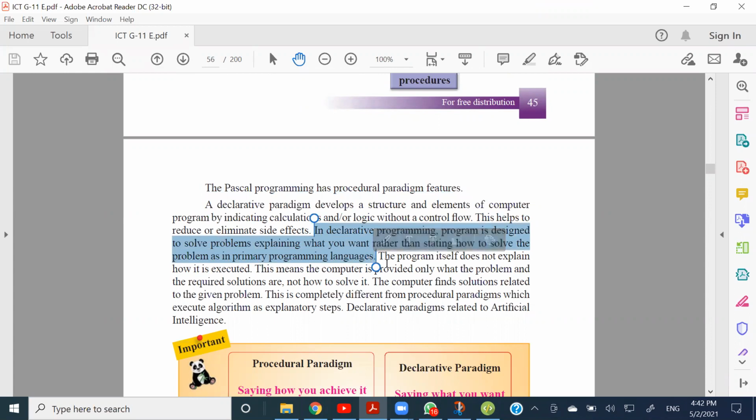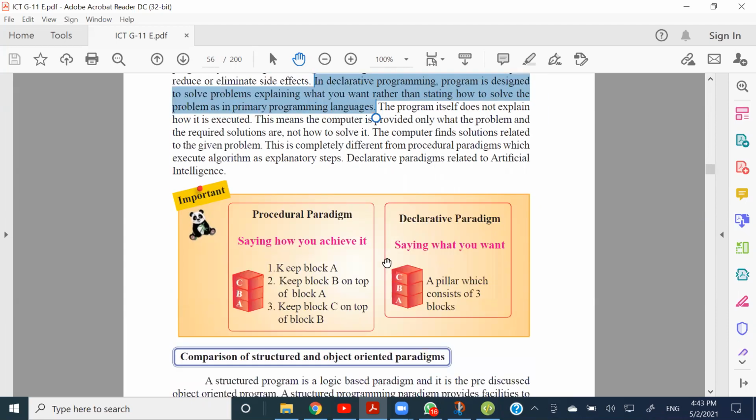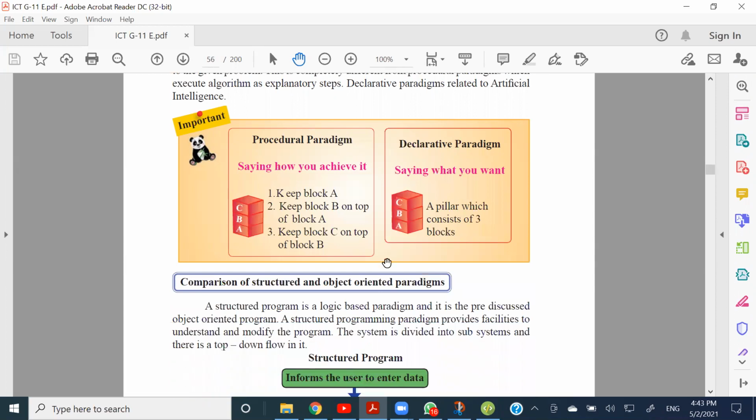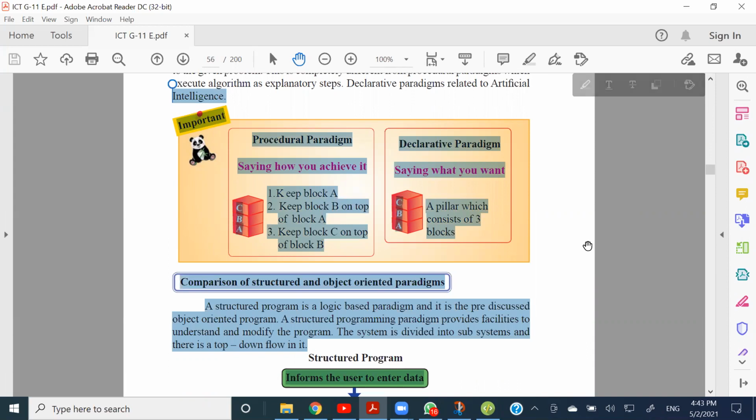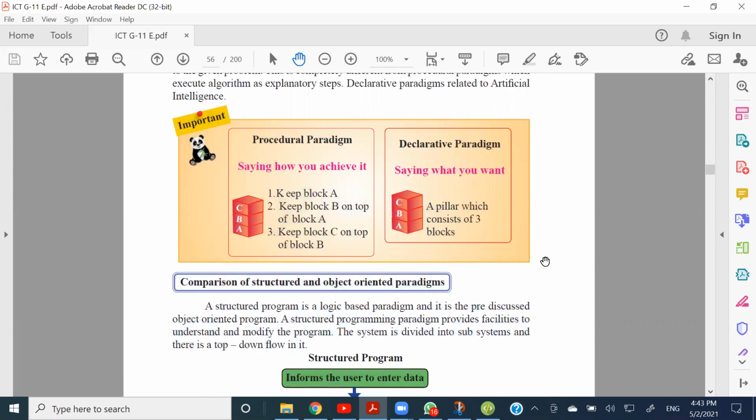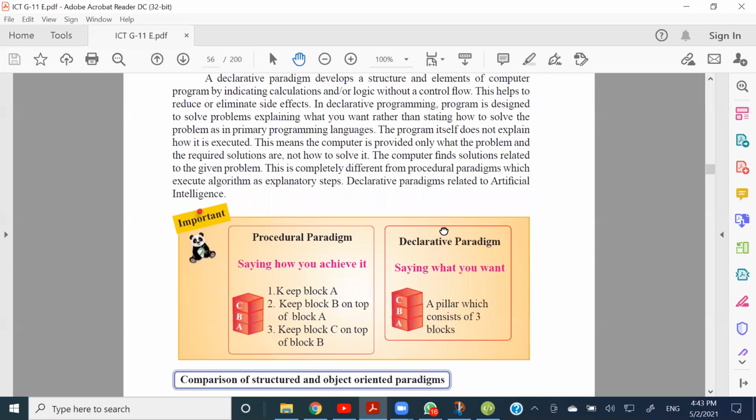In declarative programming, the program is designed to solve problems, explaining what you want rather than stating how to solve the problem, as in primary programming languages. And please draw this diagram. Right, only the diagram.